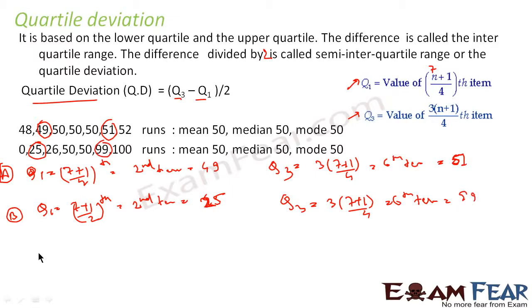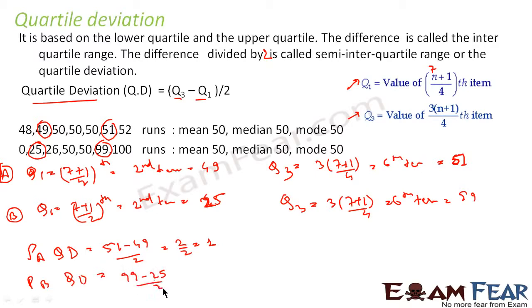So for player A, QD is equal to 51 minus 49, that is Q3 minus Q1 by 2. Correct? And that value is 2 by 2, that is 1. For player B, QD is nothing but 99 minus 25 by 2, that is 74 by 2, that is 37.